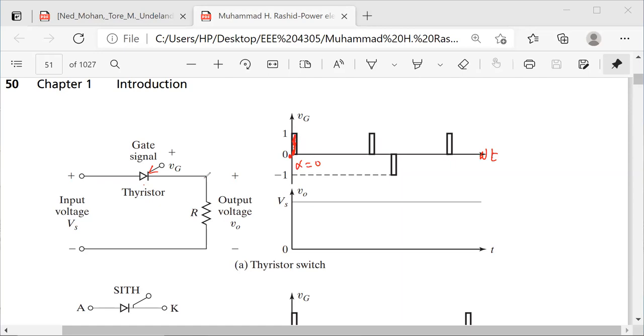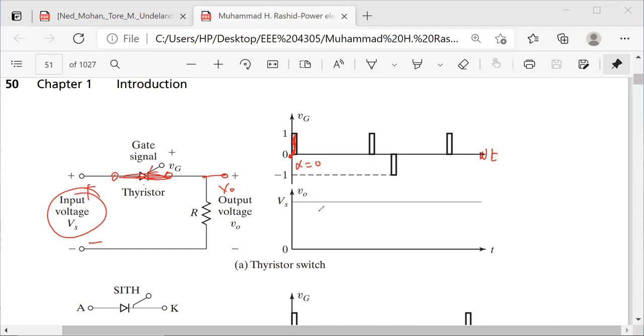Then what will happen to this voltage? You have applied a positive DC voltage, and a gate pulse at the beginning of the time counting. From the beginning, it will be turned on, right? You understand it or not?